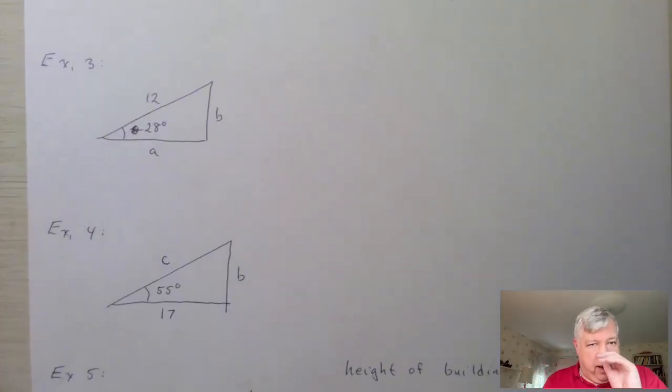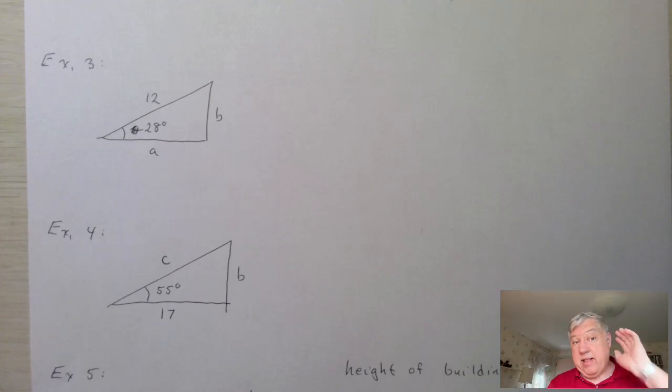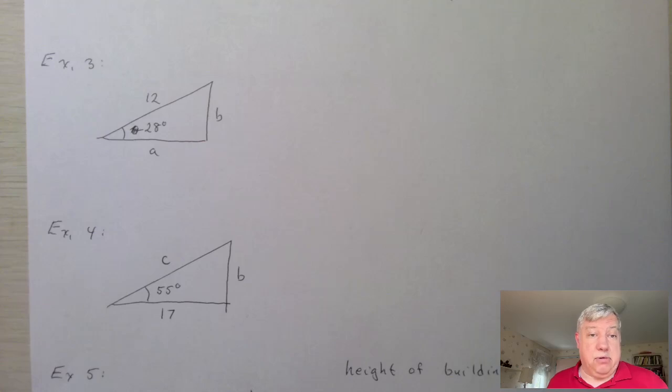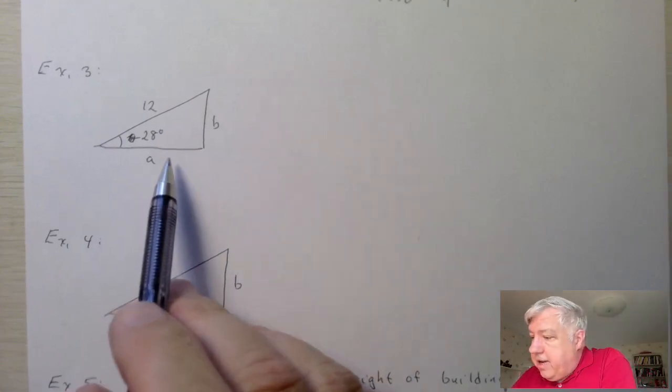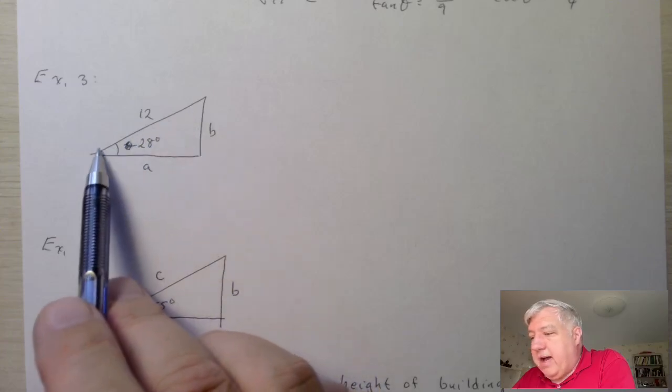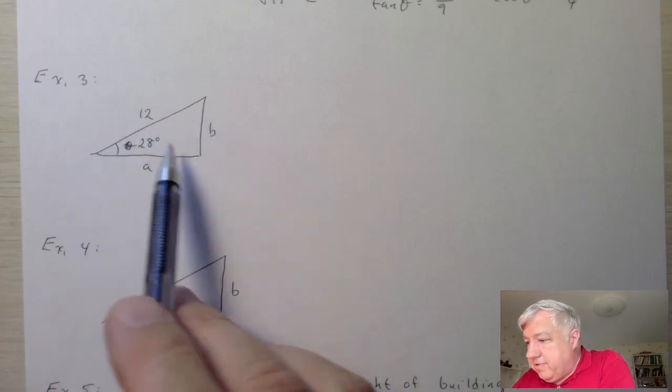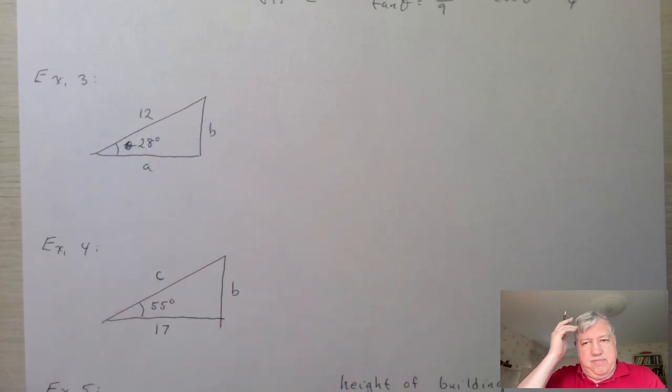Now here the angle is known and one side is given, and that should be enough for you to find out what the other two sides are, as well as what the other angle is. In this case, we know the length of the hypotenuse is 12. So we want to use a trig function that involves the hypotenuse.